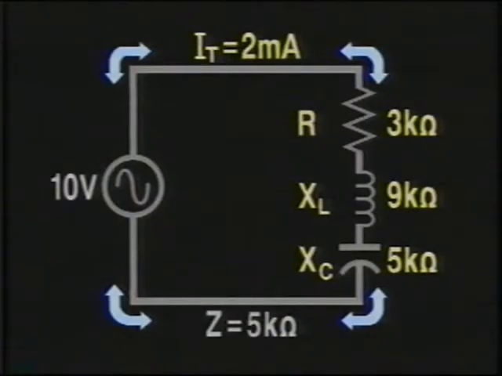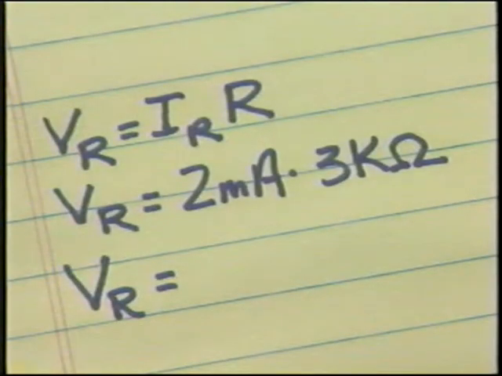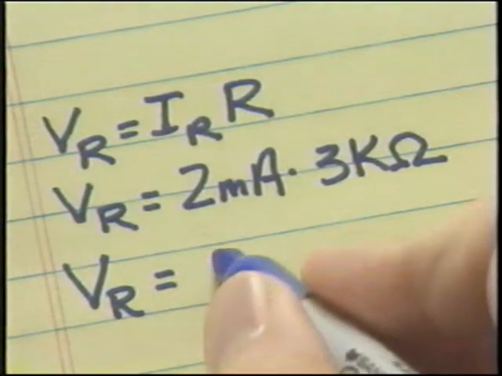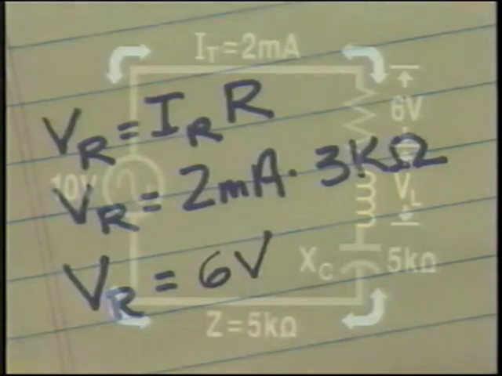In the same example circuit, since you now know the total current as well as the values of the resistor and the reactance of the capacitor and inductor, the voltage across each separate component can also be calculated. Using Ohm's law, the resistive voltage is calculated as 2 milliamps times 3 kiloohms equals 6 volts AC across the resistor.